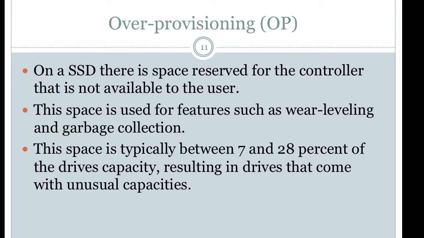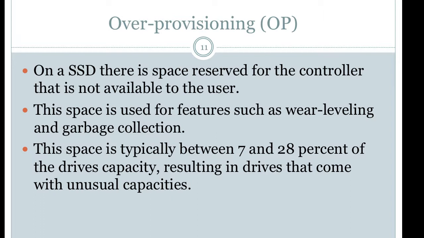On an SSD, there is space reserved for the controller that is not available to the user. This space is used for features such as wear leveling and garbage collection. This space is typically between 7 and 28% of the drive's capacity.